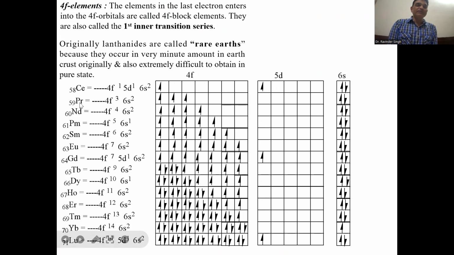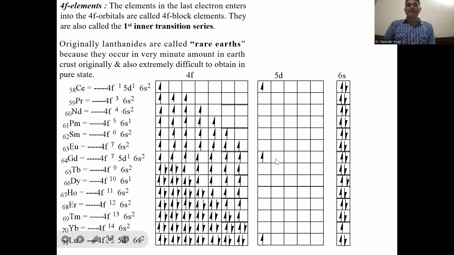In the case of praseodymium, the configuration should be 4f2, 5d1, 6s2, but there are some exceptional cases here. There are some elements in which the electron is present in 5d: cerium, gadolinium, and lutetium.